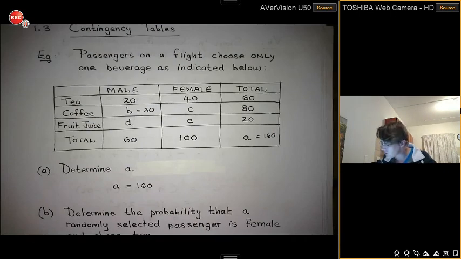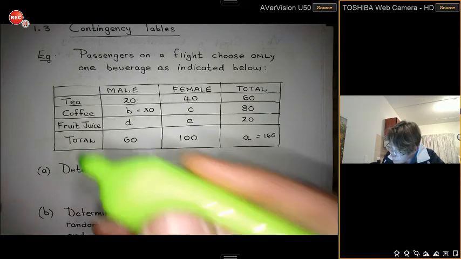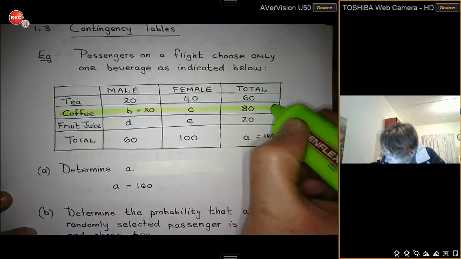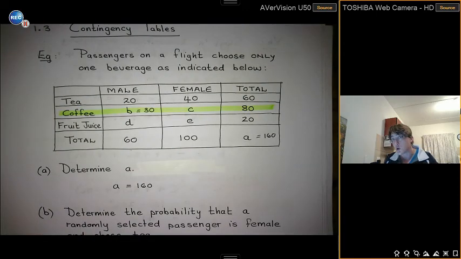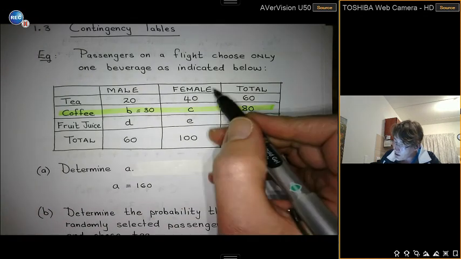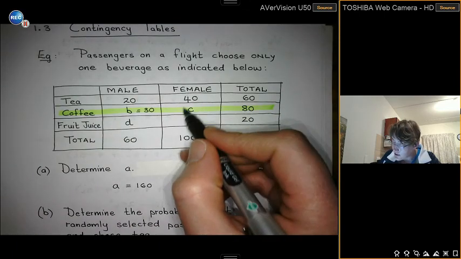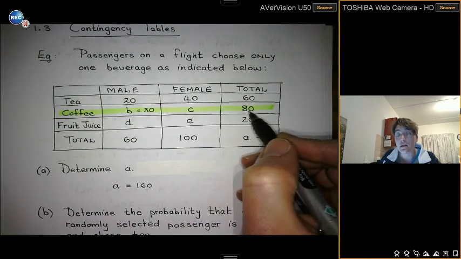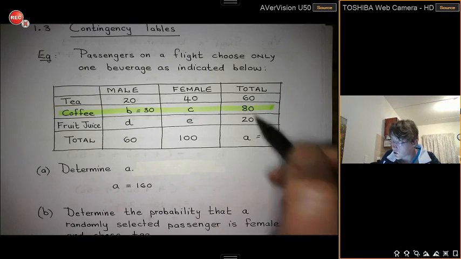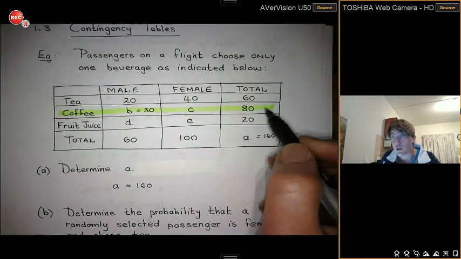So very important, I'll highlight this one. Only this row because it's the condition. It's only the coffee drinkers. So obviously I need to now go and say, what is the probability that a given coffee drinker was female? So that's going to be this value C out of 80, not out of 160, because it's not all the passengers, it's only the coffee drinking passengers.